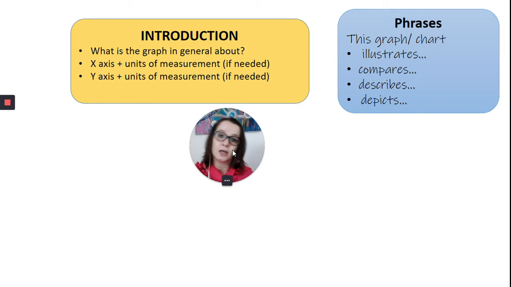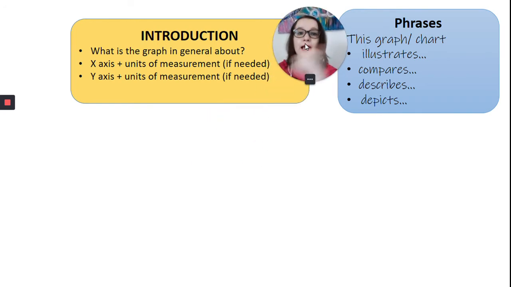Use these phrases to start the introduction: this graph or chart illustrates, compares, describes, or depicts. Remember to use s at the end of the verb because you talk about one graph. If there are 2 graphs, of course, you would say illustrate, compare, describe, or depict. Well, we have here the title that we talked about in the previous slide.